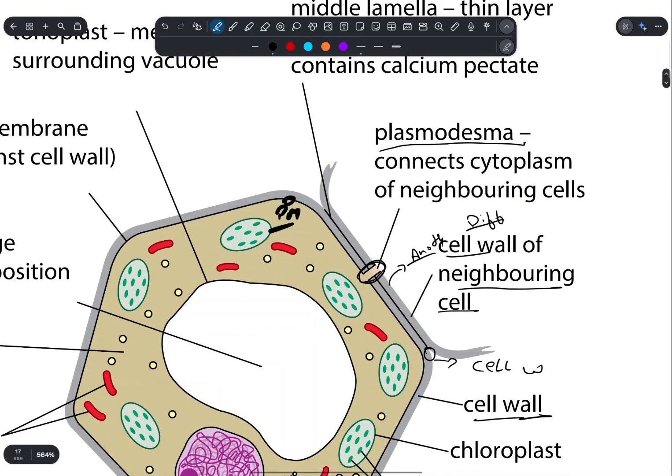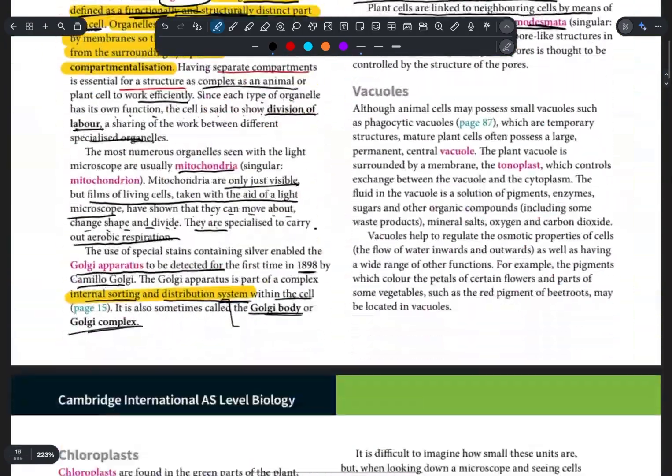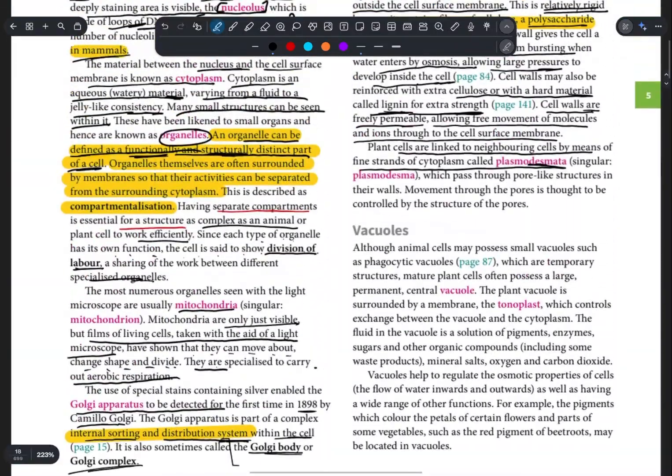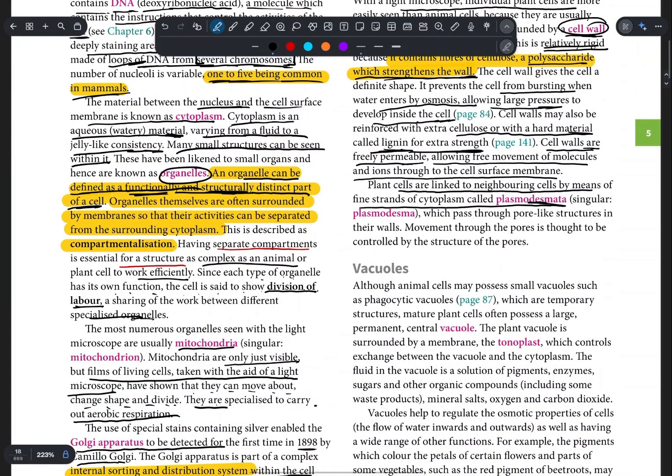And what do plasmodesmata do? They connect two neighboring plant cells with each other so that the transfer of material between them, like the cytoplasm, can be done very easily. Plasmodesmata are pore-like structures in their walls.